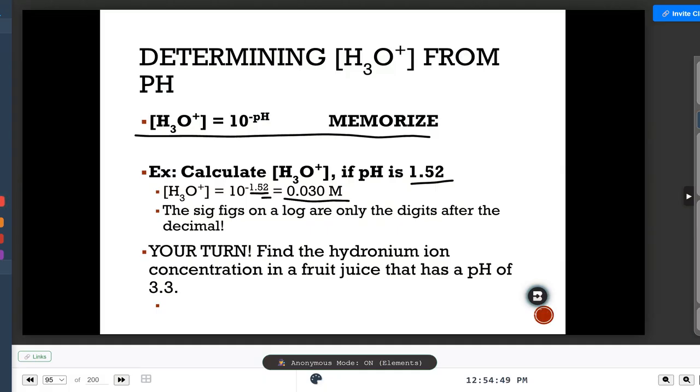Okay, so while that's the rule for this, I'm not going to make you guys pay attention to that particular part. So you should now be able to take the same formula and find the hydronium ion concentration in a fruit juice that has a pH of 3.3. So let's see if you can plug this into your calculators and figure out what this concentration is going to be.